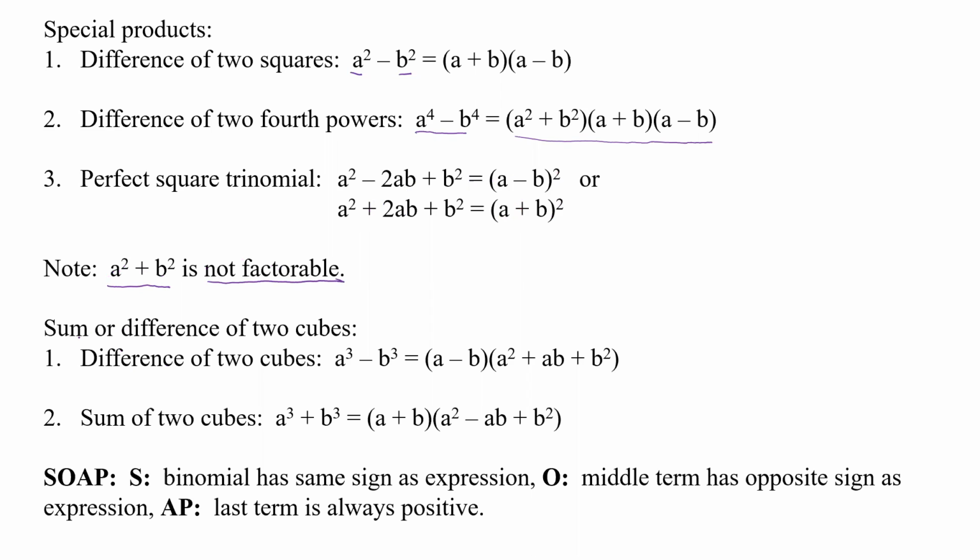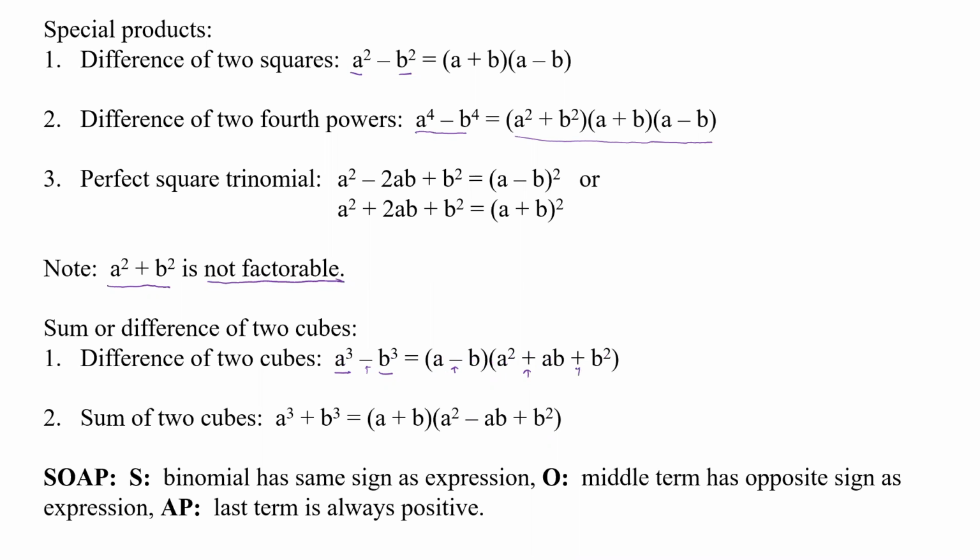Now we do have something called the sum or difference of two cubes. So we can take the difference of two cubes, some a cubed minus b cubed, and basically we take just the a piece minus the b piece. Now this is a key here. This sign matches the sign of this one, and then we take a squared, so we just take that a and square it, plus, now we switch signs here, and then it's a times b, whatever that is, and then plus b squared.